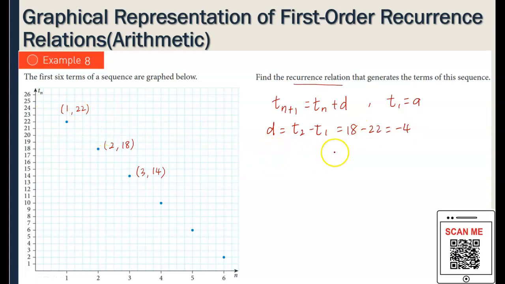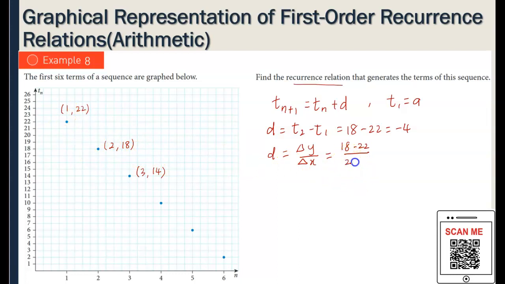Another approach, as I told you before, is the difference in y over the difference in x. So what is the difference in y? I'm going to use 18 minus 22 over the x difference, 2 minus 1.